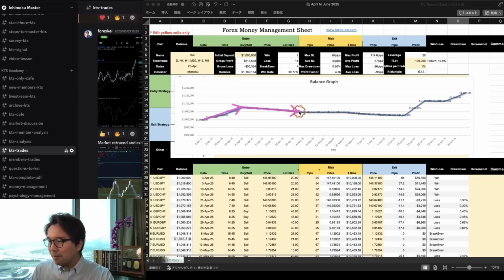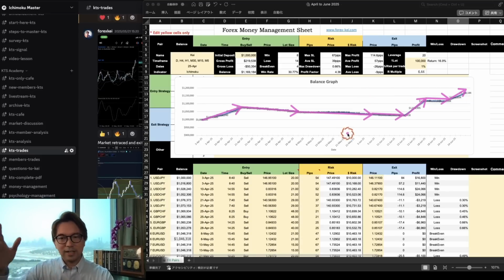In the month of May, I wasn't able to make any profits, but I kept losses small, which is important. And in early June, I wasn't able to make profits, so I kept the losses small. And then one of these trades makes big profits, and that brings all the numbers higher, and eventually I make profits overall, this way.